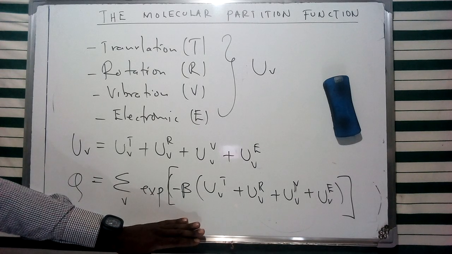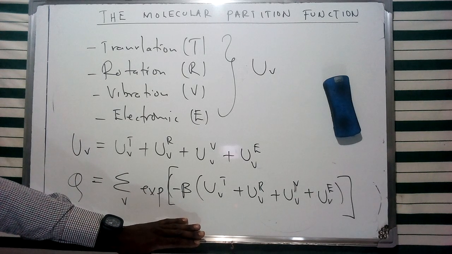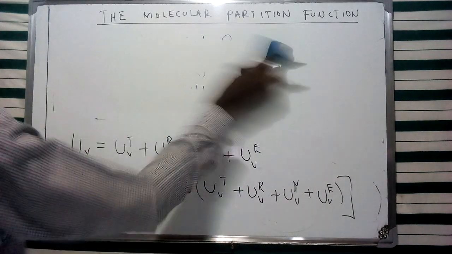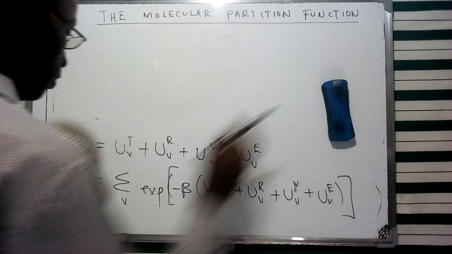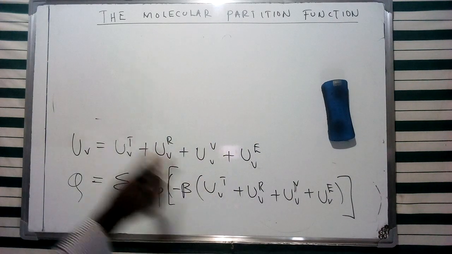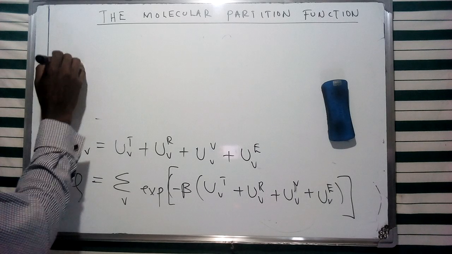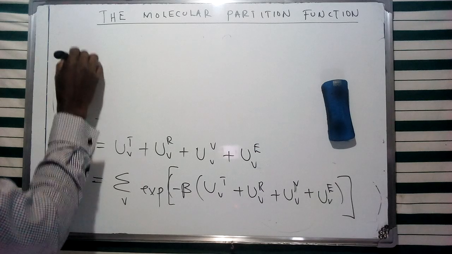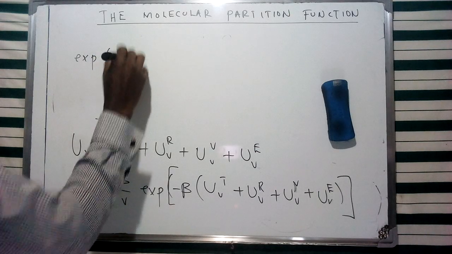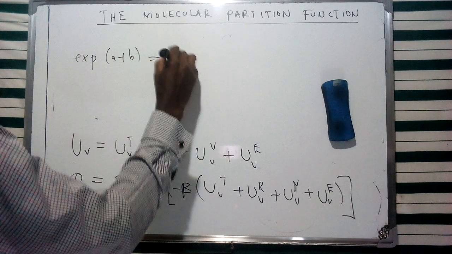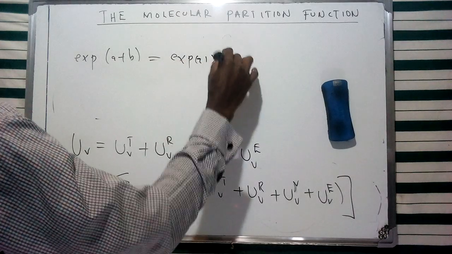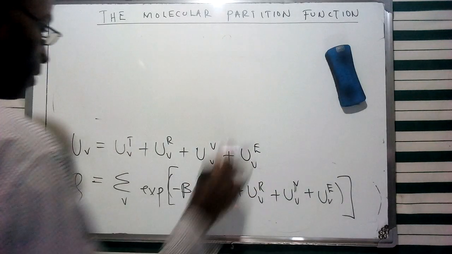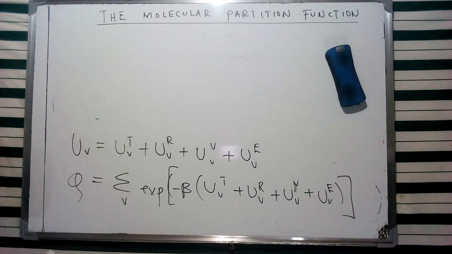Now we're going to use the concept of logarithms as well to try and evaluate this specific state for the molecular partition function, and of course we're going to use the aspect of addition, whereby we have said that the exponent of A plus B is going to be given as the exponent of A times the exponent of B. That's going to form a basis for our simplification of that specific representation at the lower part.